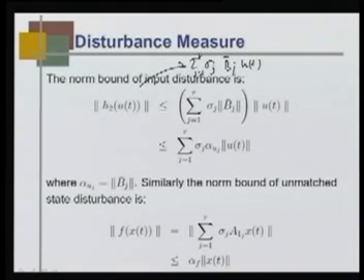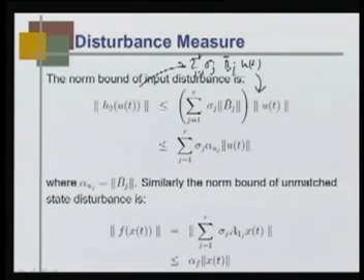This can be written using the triangular inequality as the sum over j equal to 1 to r of the norm of b bar j into u t, and we can now write the maximum induced norm of b bar j as alpha u j.